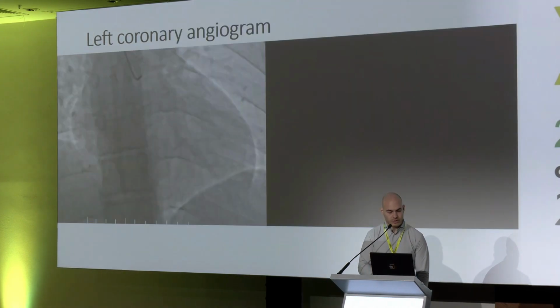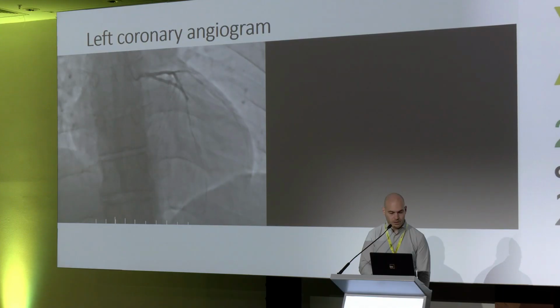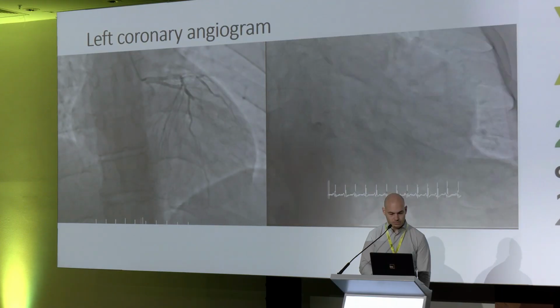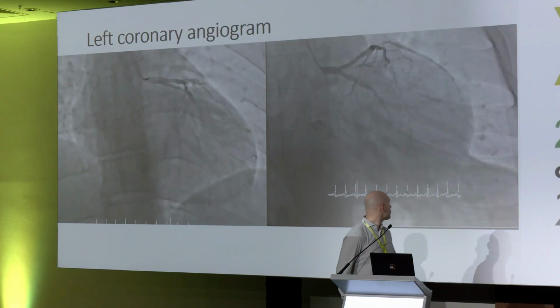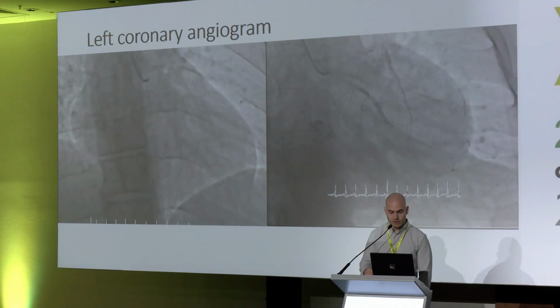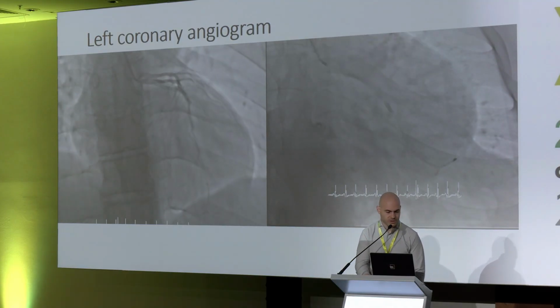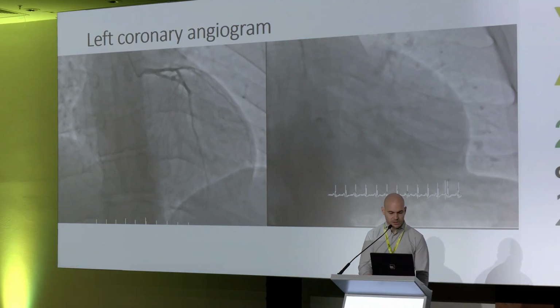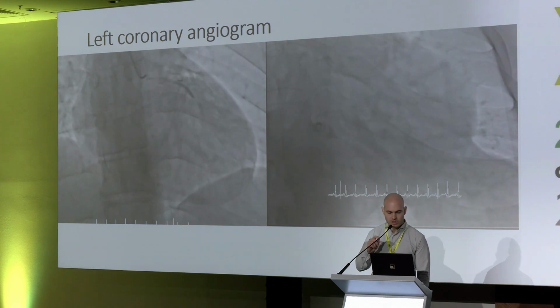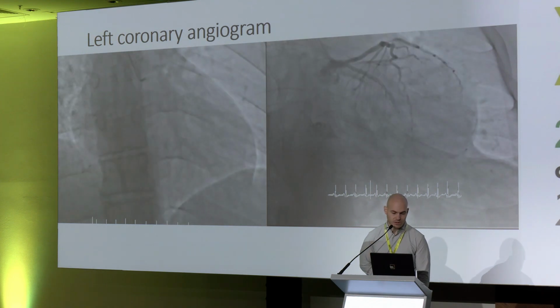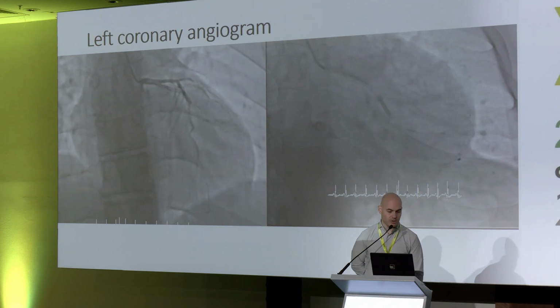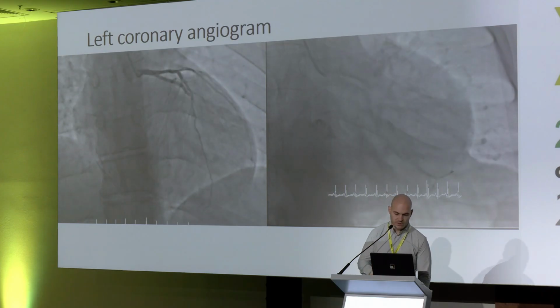which revealed the following. As you can clearly see, the LAD has no stenosis, but the circumflex is the culprit lesion, and you can see that there's also a retrograde filling of the vessel.